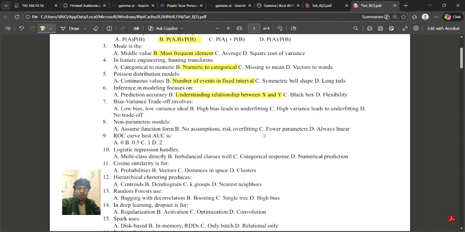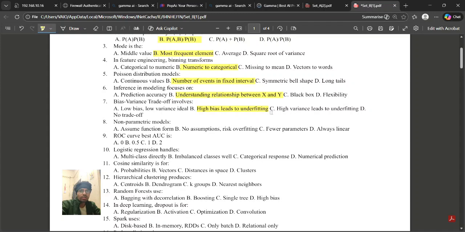That's when your model is too complex and fits the noise. The ideal is low bias and low variance, but in practice you have to balance them. That's the trade-off. So the answer is B, high bias leads to underfitting.